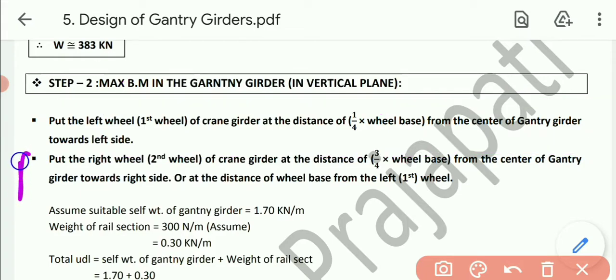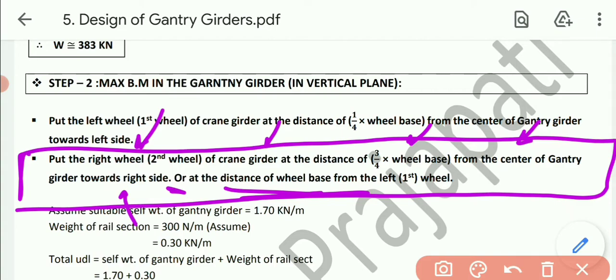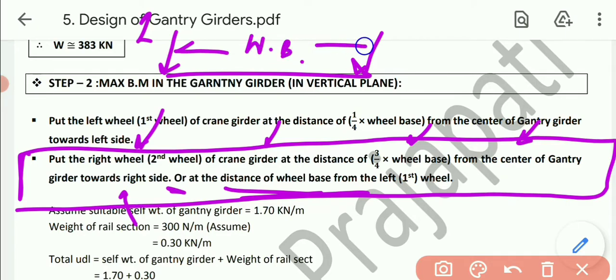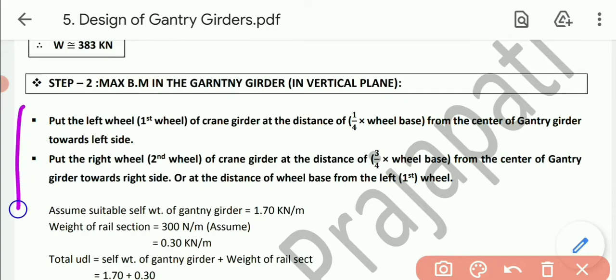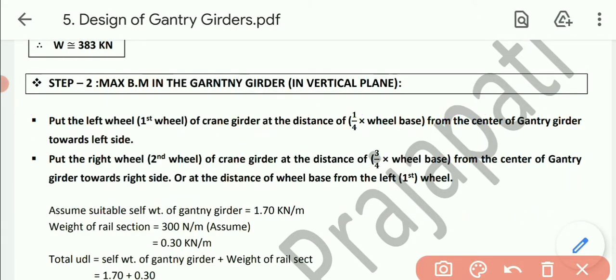And for the second one, put the right wheel, or we can say the second wheel of the crane girder at the distance of 3/4 of wheelbase from the center of gantry girder towards the right hand side, or we can say at the distance of wheelbase from the first wheel. Obviously, this one is my first wheel, then second wheel will be obviously at the distance of wheelbase only. You can use that concept also. So you do not need to write this explanation in the exam, this is just for your understanding.